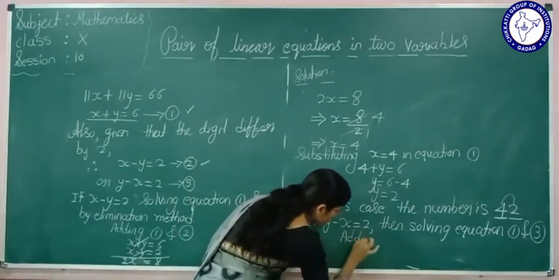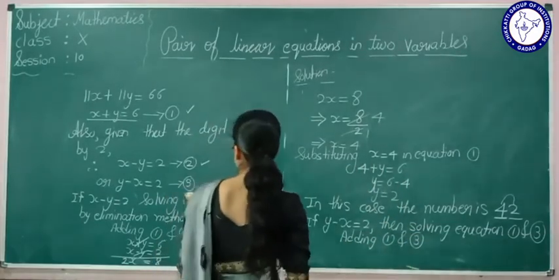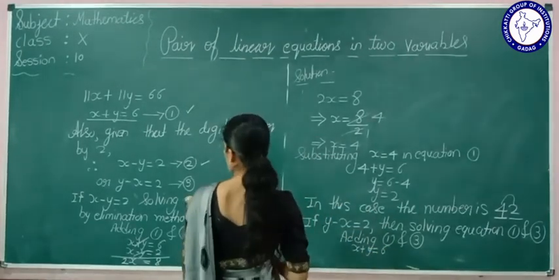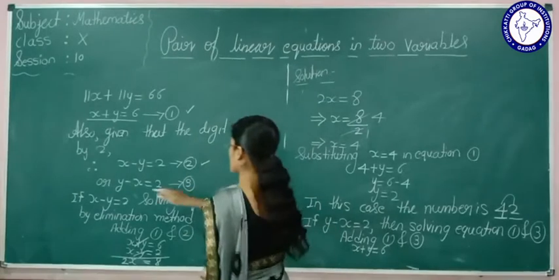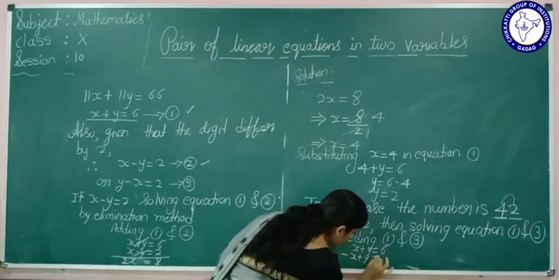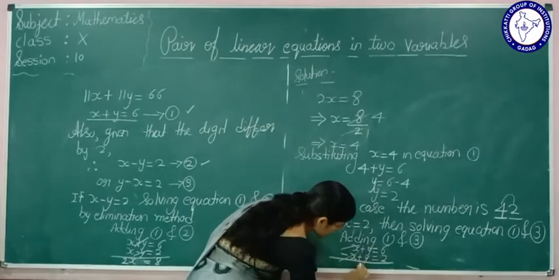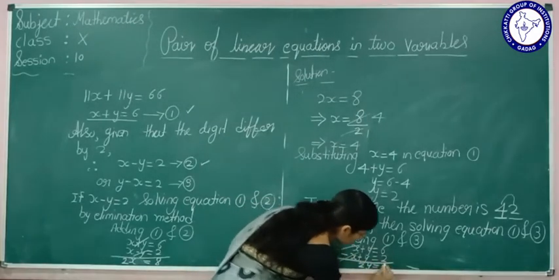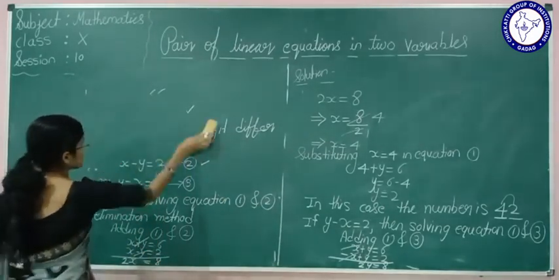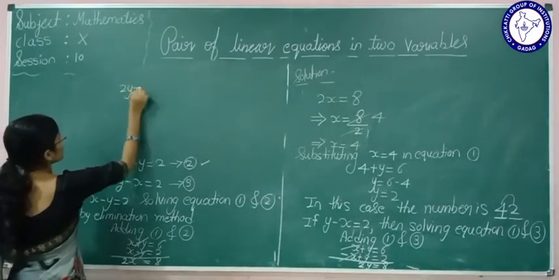See, adding 1 and 3. If we add 1 and 3, what will we get? x plus y is equal to 6, or y minus x is equal to 2. This can be written as minus x plus y is equal to 2. So add this: plus x minus x will get cancelled. y plus y is 2y. 6 plus 2 is 8. 2y is equal to 8.